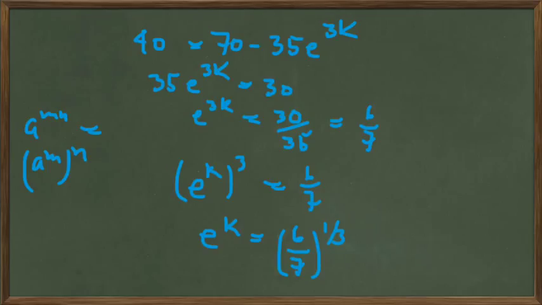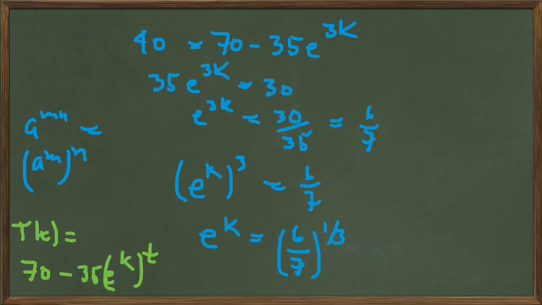And so remember that our general form was T of t equals 70 minus 35 e to the kt, or e to the k to the t.